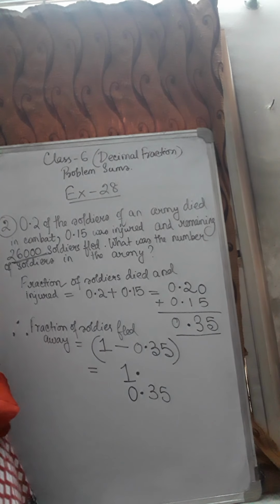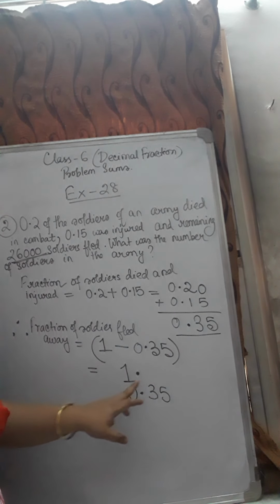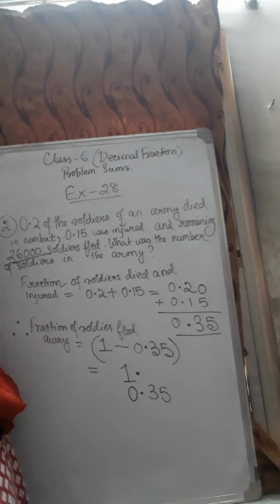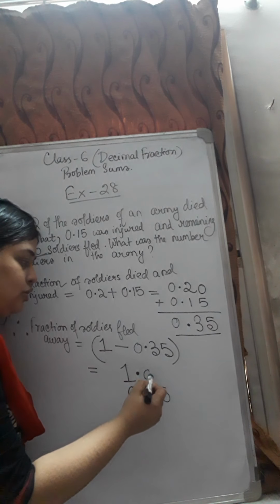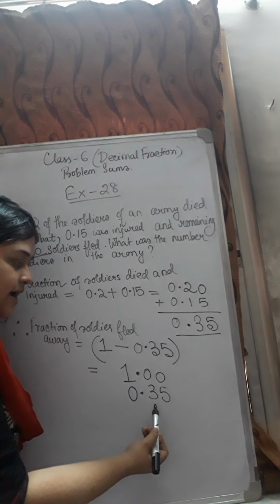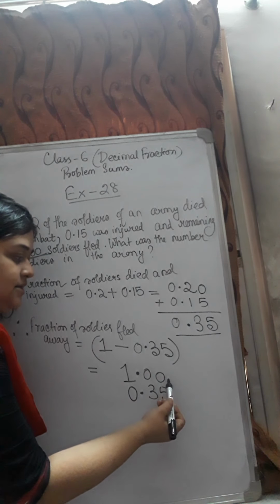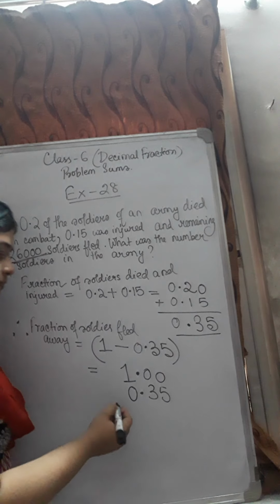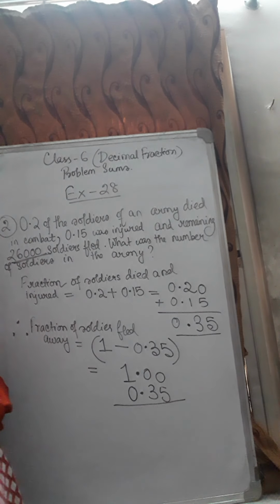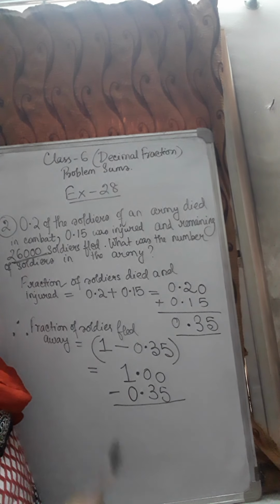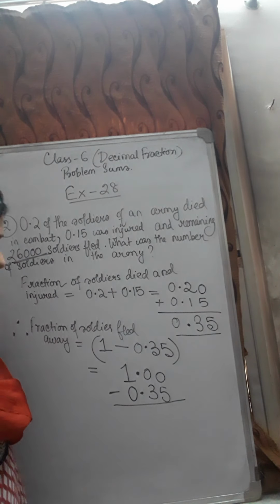Now here 1 has no decimal places, no digits after the point. So I am forcibly making it a point, and then I add only as many zeros so that the decimal places over here and here turn out to be equal. So 1.00 minus 0.35. If you do this, you will find the fraction of soldiers who have fled away.